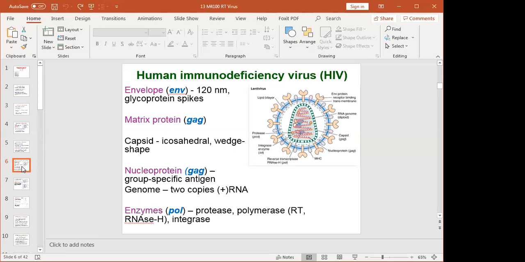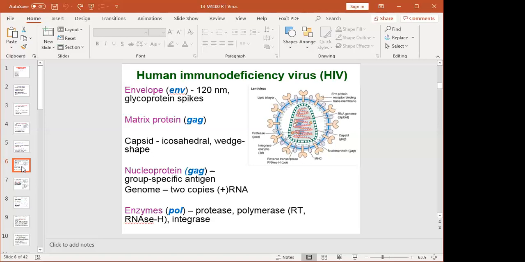These enzymes can be broadly divided into the following categories. They can be proteases, they can be polymerases, such as RT and RNase H. RT is an RNA-dependent DNA polymerase, whereas RNase H is a DNA-dependent DNA polymerase.